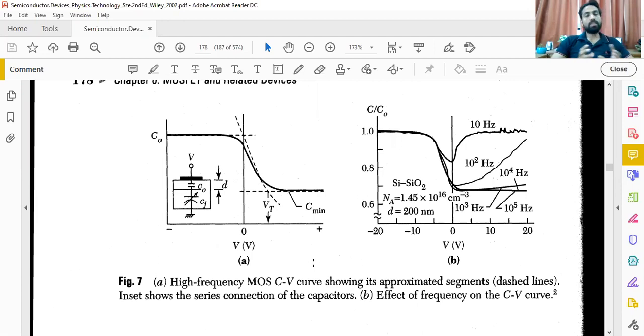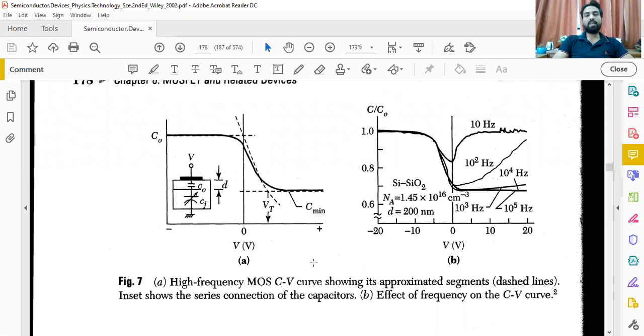Considering all these effects, one important factor we can conclude, the number one factor, is that if a negative voltage is applied at the metal contact terminal, then junction capacitance will not be there, and the overall capacitance of the MOS is just equal to the capacitance of silicon oxide, SiO2.